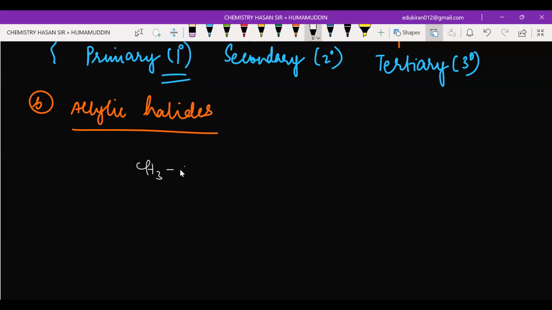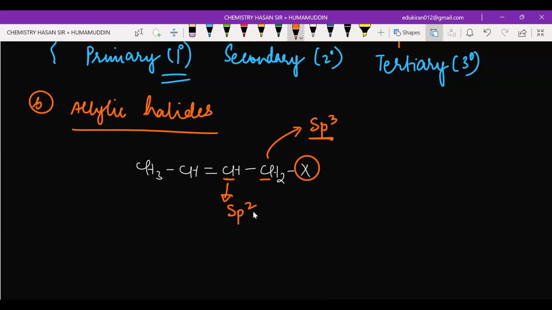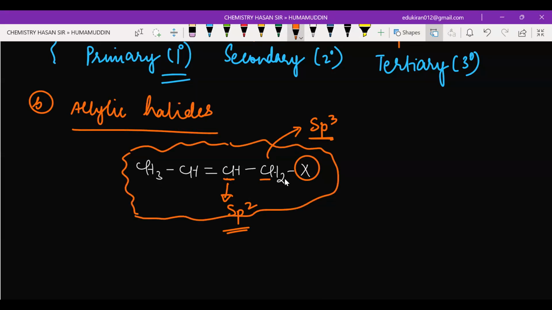Basically, there is a condition in this: CH double bond CH and then comes CH2X. The carbon to which X is connected must be sp3 hybridized and the adjacent carbon should be doubly bonded, that means sp2 hybridized. So this kind of scenario is known as allylic halides.